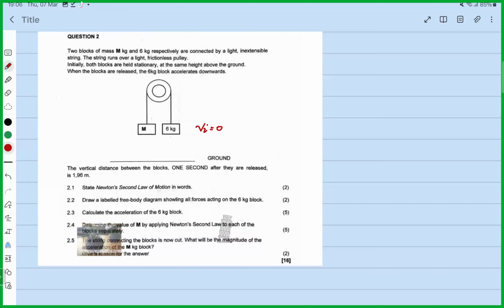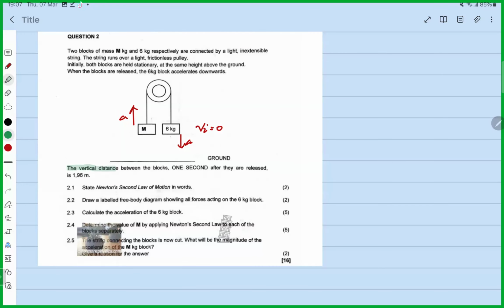When the blocks are released, the 6 kilogram accelerates downwards. And obviously it means that M then accelerates upwards. So that's one of the catches in this type of question, that these two exhibit opposite directions of acceleration. And this is where 90% of the learners fell for the trap last year.